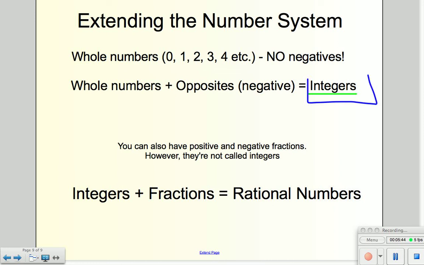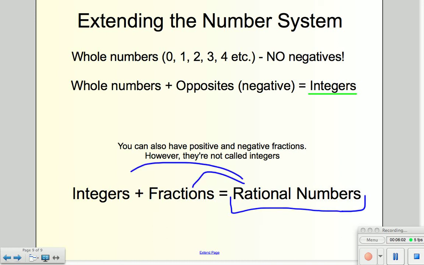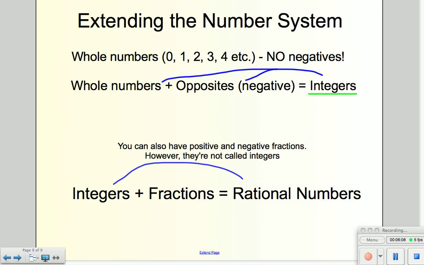And then once you add fractions to integers, positive and negative, you end up with something called rational numbers. So those are the new number systems we want to look at. Rational numbers is this huge, big umbrella if you want to think about it. It includes fractions. It includes integers. And remember that integers include negative numbers that are opposites of whole numbers, and then the whole numbers themselves.